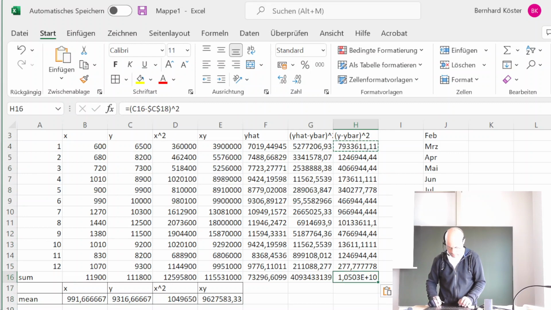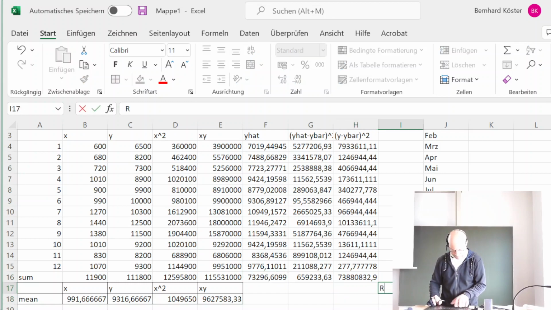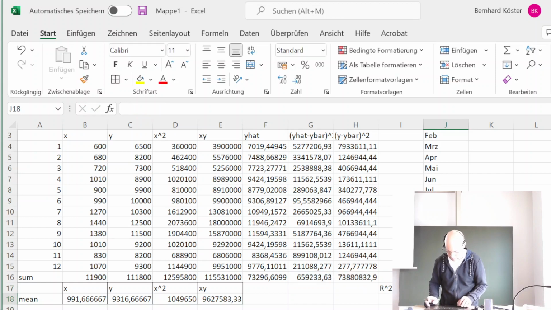Oh, this is wrong here. This were the sum. And then we have r squared equals this over this.